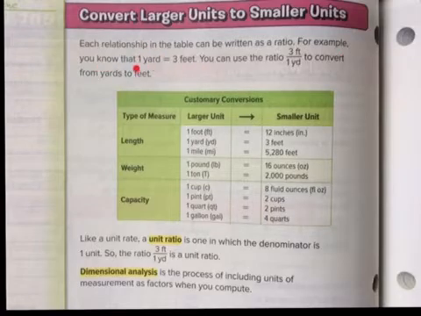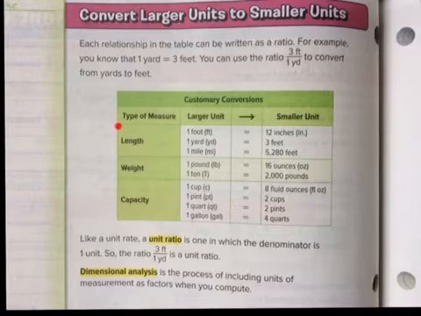Most of you know this already, that 1 yard has 3 feet, and each foot is 12 inches. You can use the ratio 3 feet to 1 yard to convert from yards to feet. So if you ever want to convert yards to feet, you take the number of feet and divide it by the number of yards, and that'll give you your yards to feet conversion.